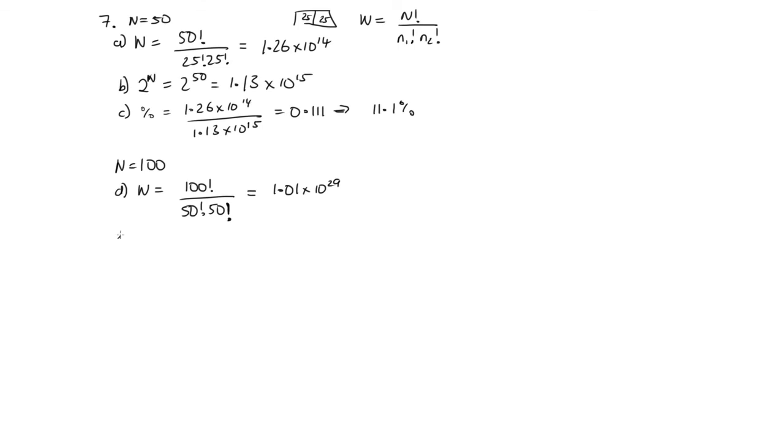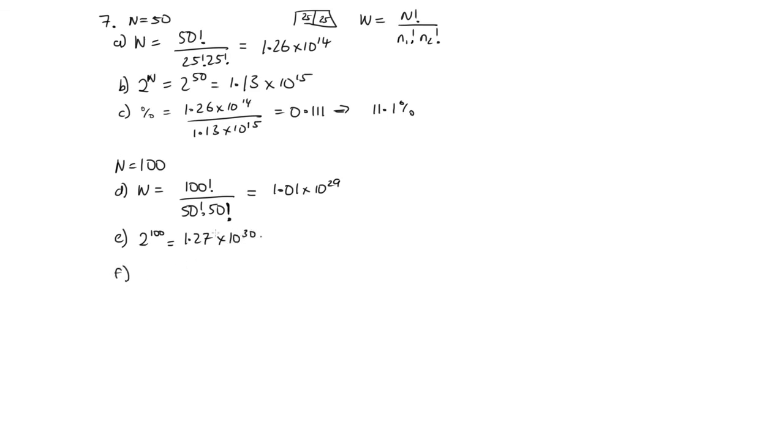Okay, and then E, we're now asked to calculate the total number of states. So that's 2 to the n, which is 2 to the 100 in this case. So this is equal to 1.27 times 10 to the 30.